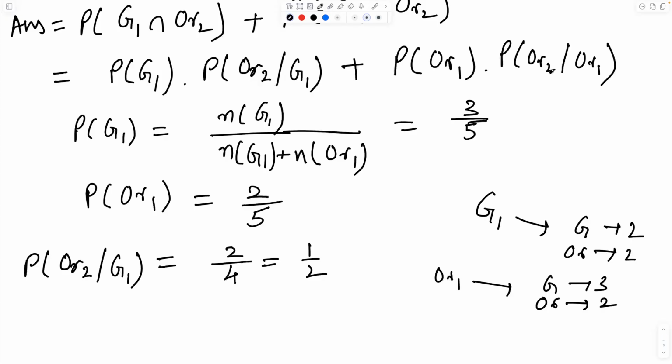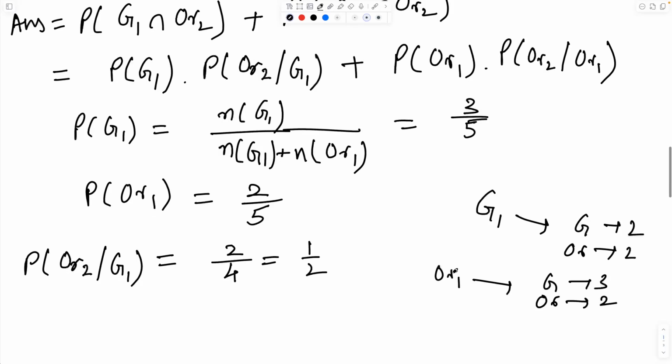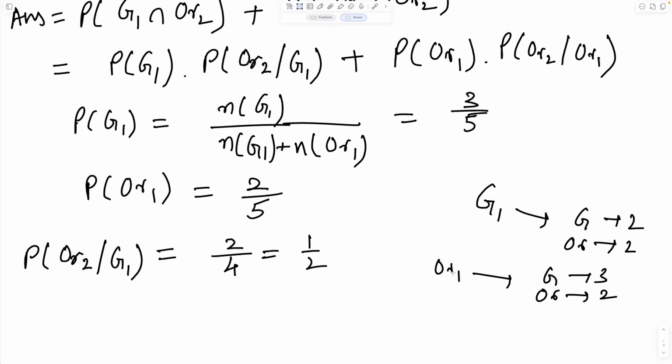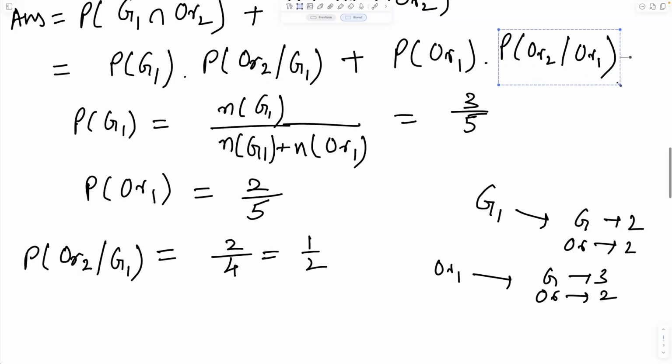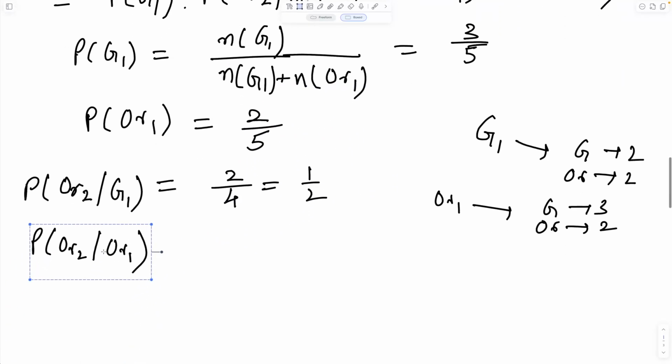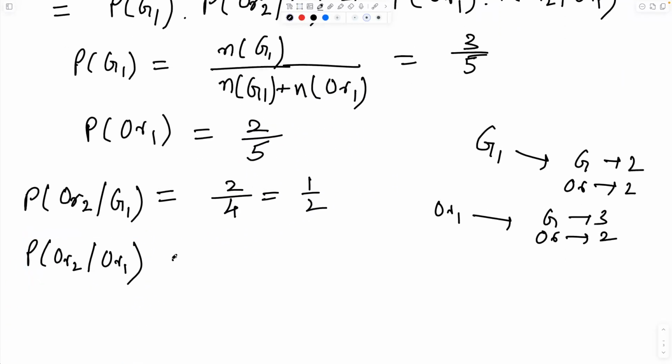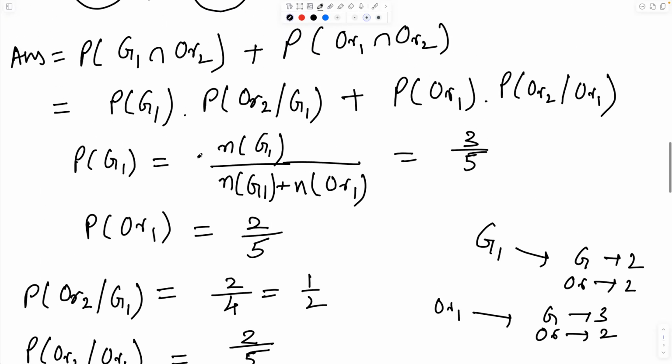That is going to give you basically 2 by 5, because this is the ratio of the balls if orange 1 was the first event that has occurred, right? So with that being present, let's write that over here also, right? So this thing is equal to 2 by 5, right?